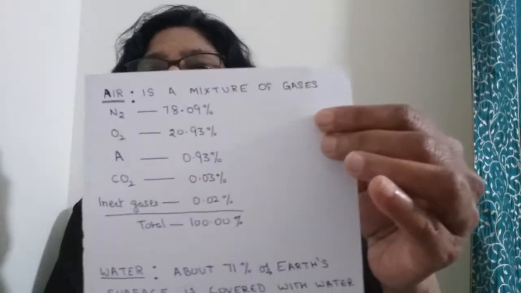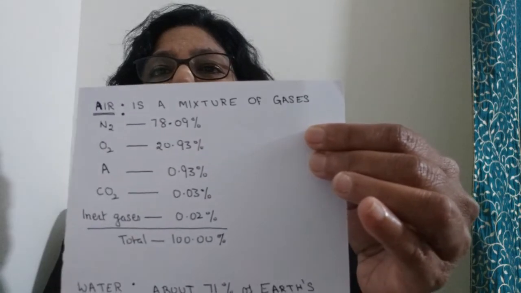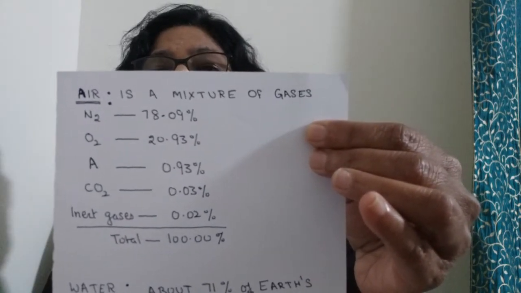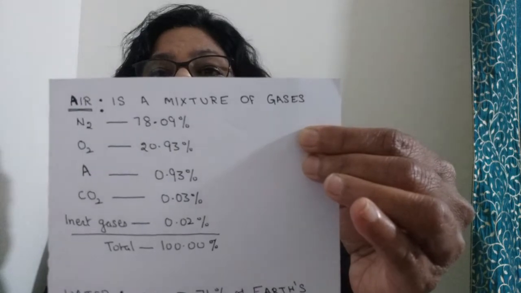Oxygen is just 20.93%. Argon is 0.93%. Carbon dioxide is 0.03%. And other inert gases are 0.02%. So if you sum up all these, it will come out to be 100. So the gas which is maximum in the air is nitrogen, not oxygen. And carbon dioxide is just 0.03%.